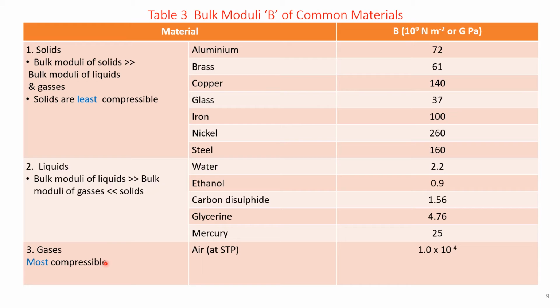Gases are most compressible. Among the liquids, water, ethanol, carbon disulfide, glycerin and mercury are shown in the table. For gases, air at standard temperature and pressure is 1 into 10 to the power of minus 4 newtons per meter square.